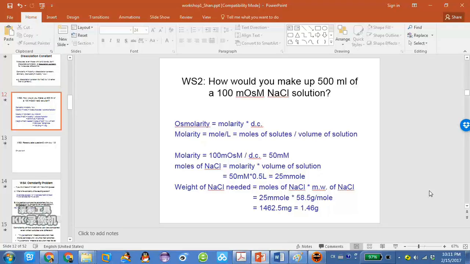Since the volume of the solution sometimes is given, the most essential part for us to do is to find the weight of the solute. The weight of the solute normally comes from the moles of the solute, how many moles you need to make the solution. And the moles of the solute comes from the molarity, and molarity comes from osmolarity.